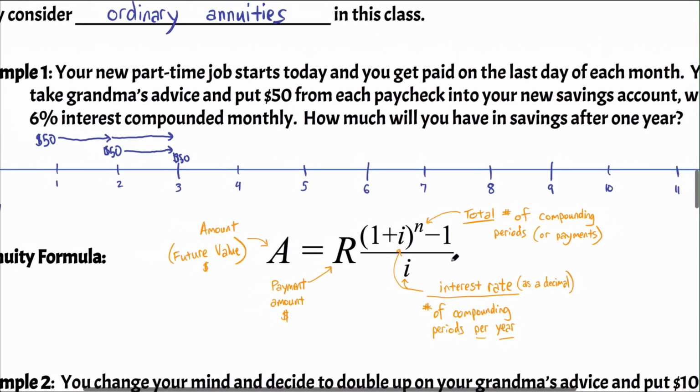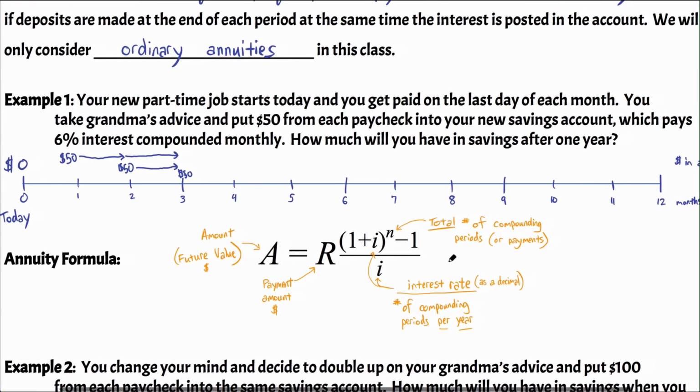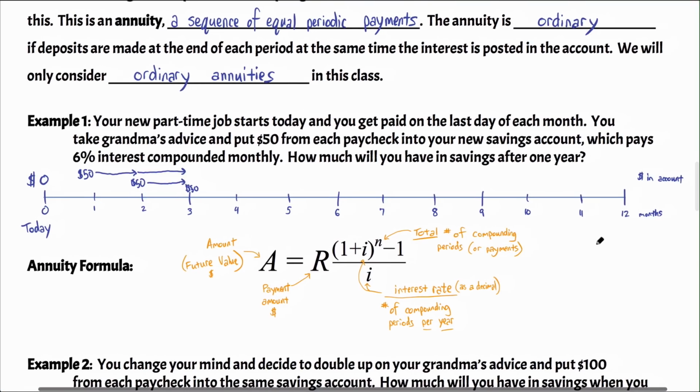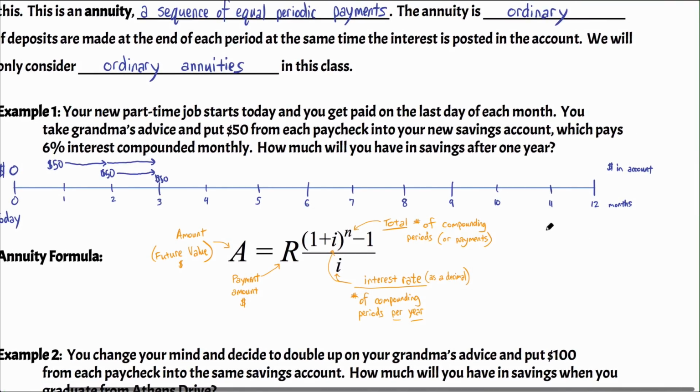All right, so let's use this to solve example 1. Putting $50 in, so that is our payment amount. Maybe let's list these. We're looking for A. Our R value is $50. Let's start with our N value. If we're doing monthly over 1 year, then there are 12 months in 1 year.